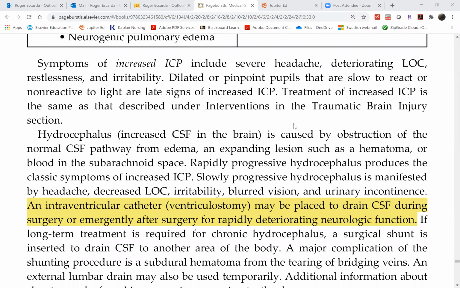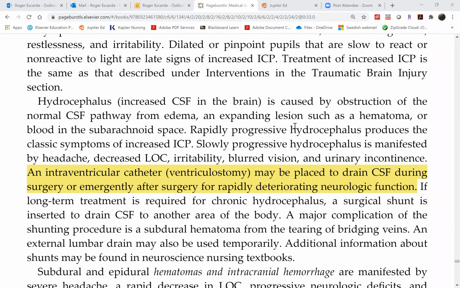Another thing here is, we never really discussed how the ICP is being monitored. All right, there are several ways to do it. The most popular and efficient way is to put an IVC. That stands for intraventricular catheter. I don't remember how they find the spot, but I know they have landmarks, particularly your eye, your forehead, and I think it's the ear.